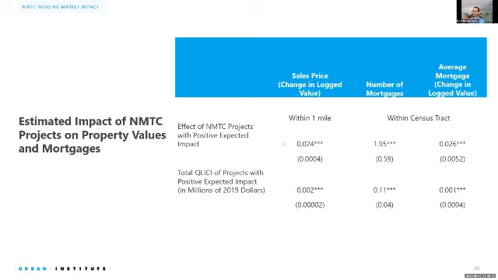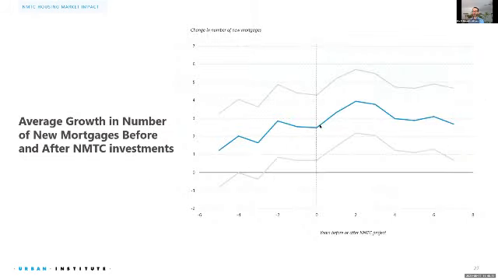And we do find, again, an increase here by this measure in sales price near New Markets projects with expected impact. We see an increase in the number of mortgages, and we see an increase in the average mortgage value. As before, there are some signs of the neighborhoods going up before the project locates there, but again, it may well be a bump up after the project happens as well.